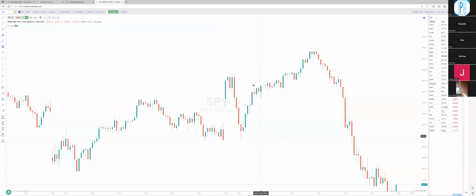So what I mean by that is, if we have a gap up, and don't let this get confusing, y'all, the lowest point of the candle before the gap up is the last line of support.